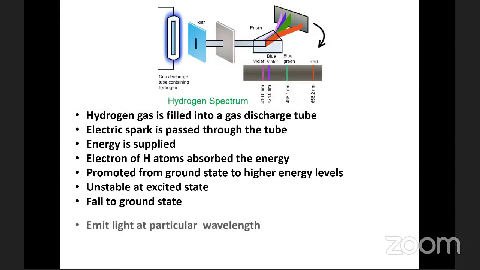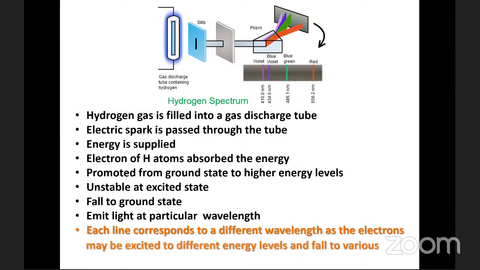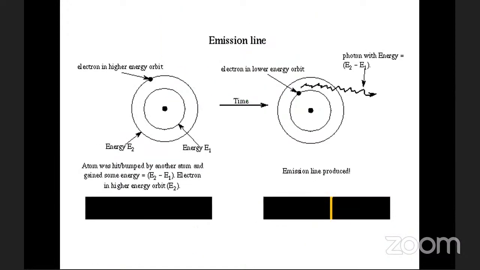Ni pun dah explain tu hari. So ini yang berlaku lah. Right. So electron in higher energy level ataupun higher energy orbit, and then they fall to the lower energy level. So dia akan emit the line ataupun emit the energy. So each line represent specific energy.